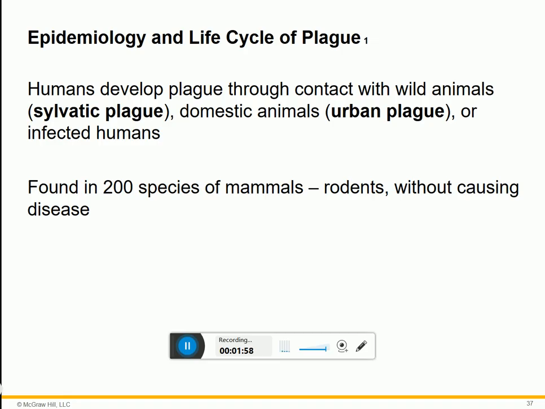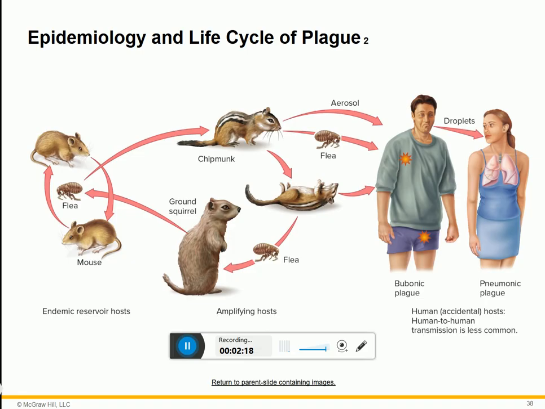We'll see that Yersinia pestis is found in about 200 different species of mammals, like rodents and squirrels. Again, it doesn't cause the disease in them, but it is part of the life cycle where eventually we could contract the disease.